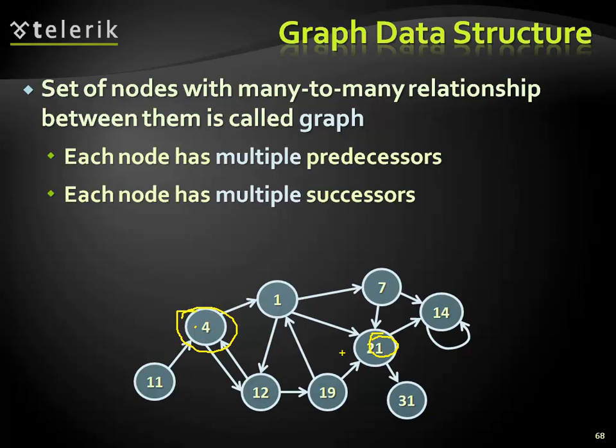In a tree, you can't do that. In a tree, if you want to get from one place to another, you have exactly one route through which you can go. In a graph, things aren't like that. You can go from here to here through here, through here, through here also, or here, etc. There are a lot of ways.